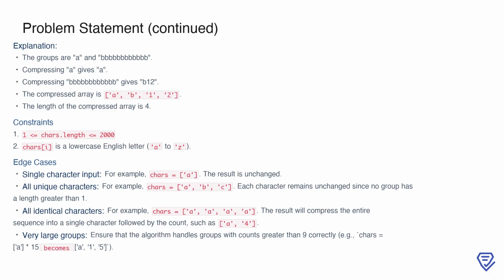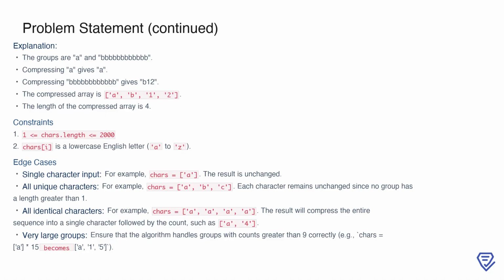Finally, let's summarize the constraints and edge cases. The input array will have a length between 1 and 2000, and every character in the array will be a lowercase English letter. Some edge cases to consider include arrays with a single character, such as A, which remain unchanged. Arrays with all unique characters, like A, B, C, won't have any compression since no group is longer than 1.